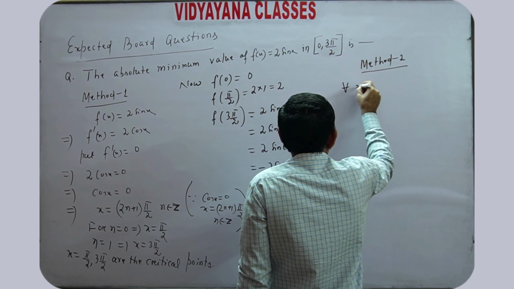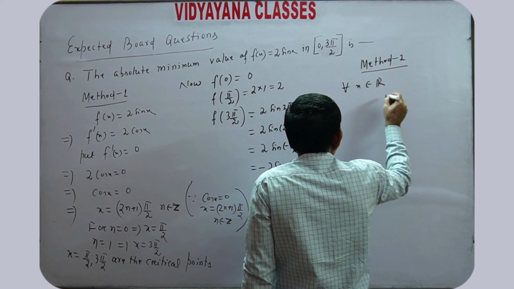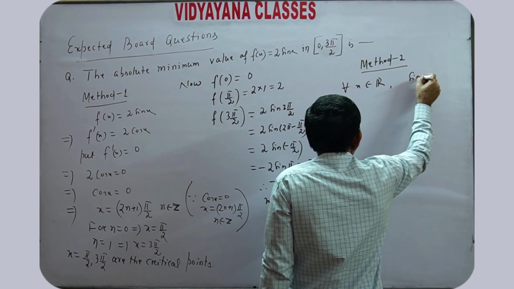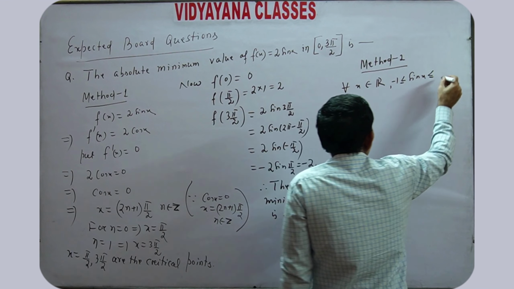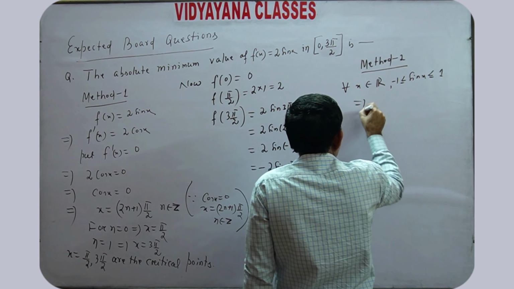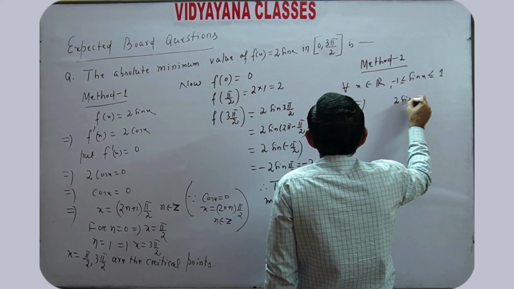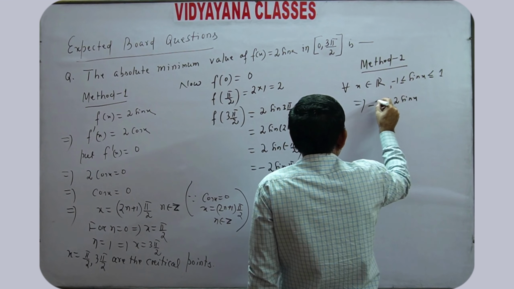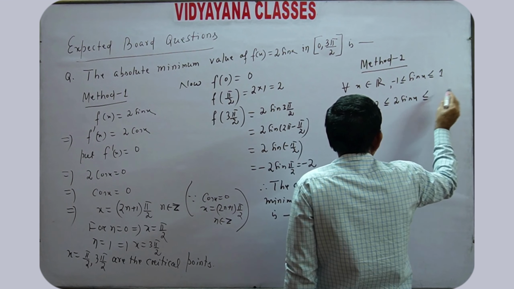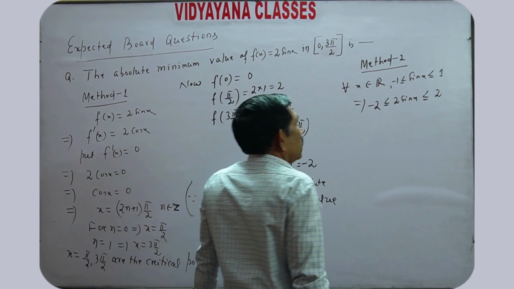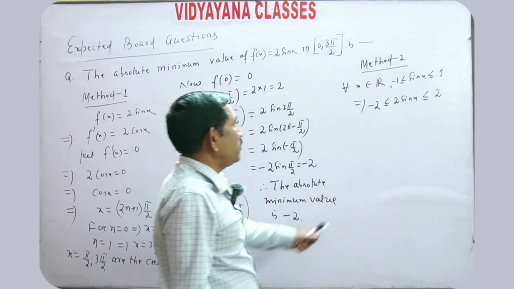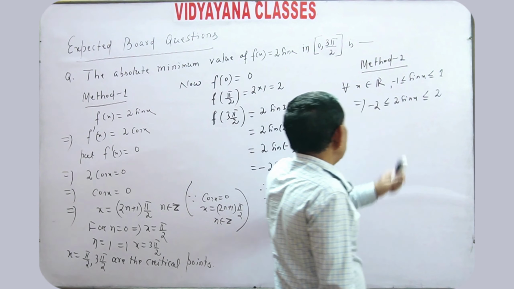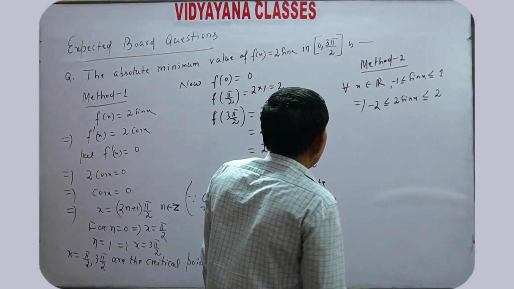For all x belongs to R, sin x is greater than or equal to minus 1, less than or equal to plus 1, which implies 2 sin x is greater than or equal to minus 2, less than or equal to plus 2. Clear? So the maximum value is 2 and the minimum value is minus 2.